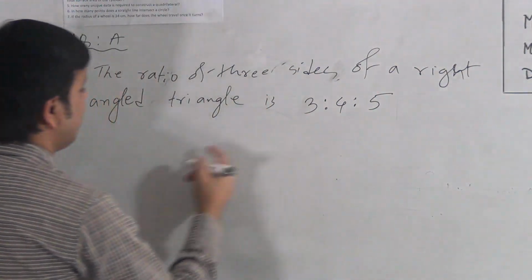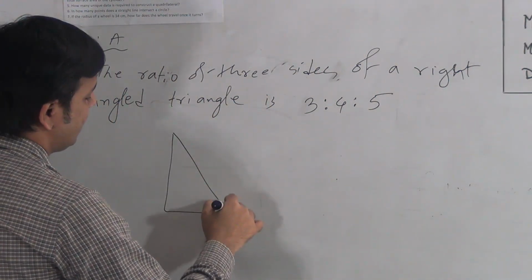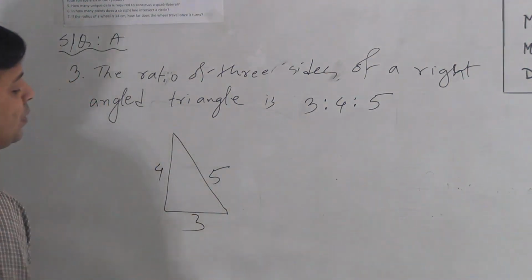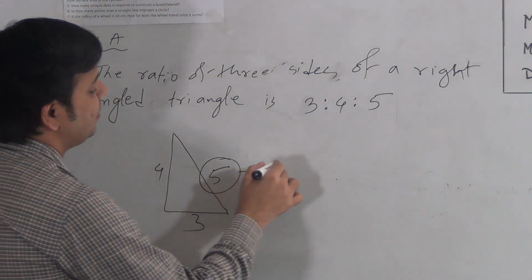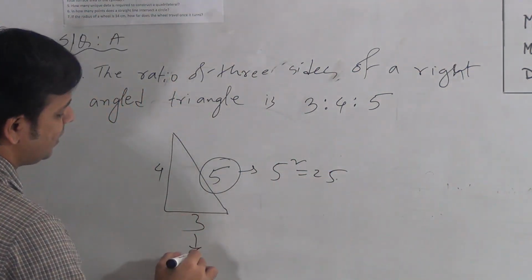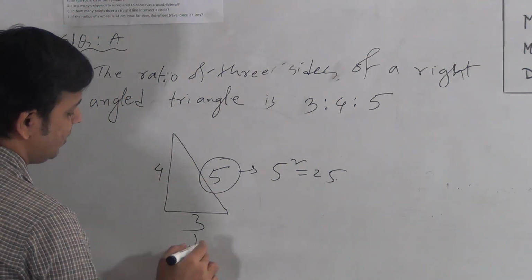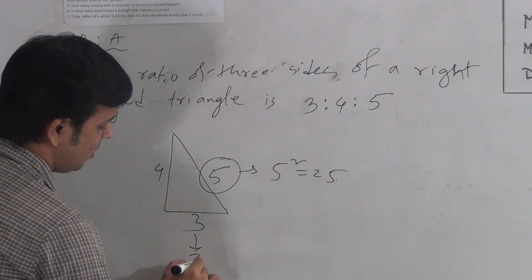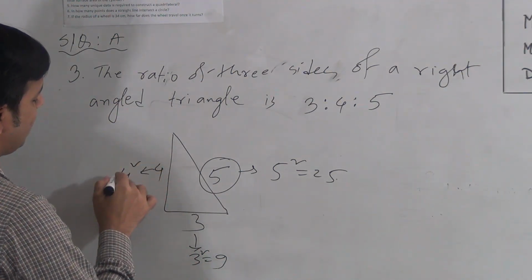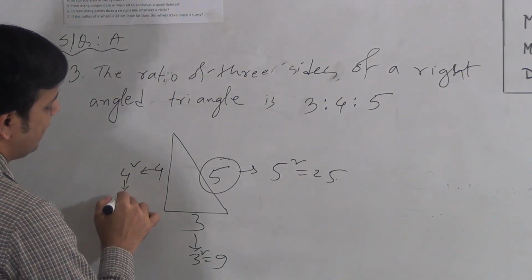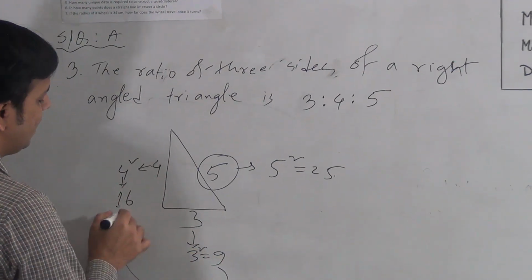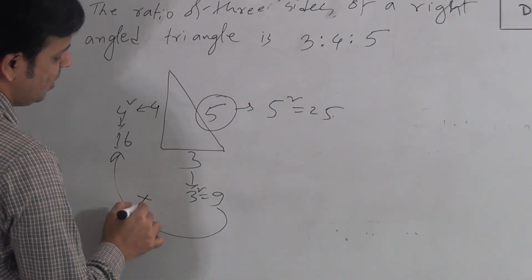How can we say that? You can check. If this is a right angle triangle, suppose hypotenuse is 5 and this is 4, this is 3. Now take the square on this, it means that 5 square, it will be 25. Now take square on this one, 3 square means 9, and here take square 4 square, this will be equal to 16. So add 16 and 9, you will get 25. Sum is 25.